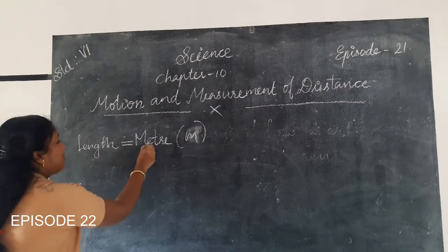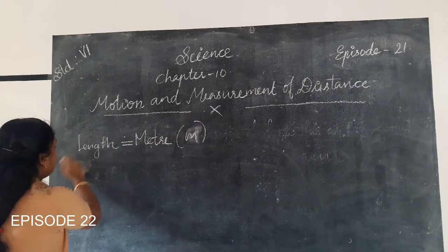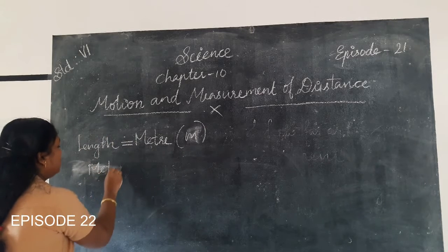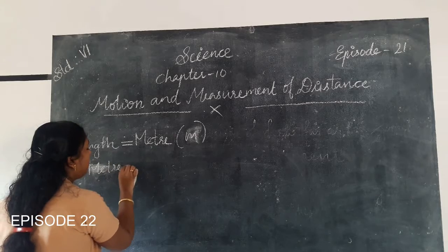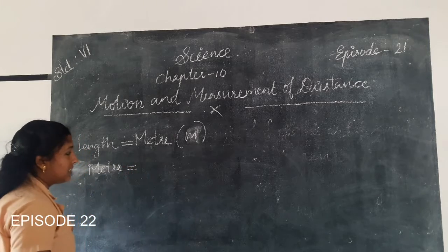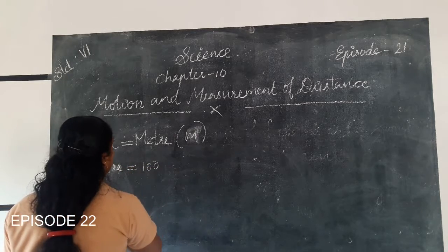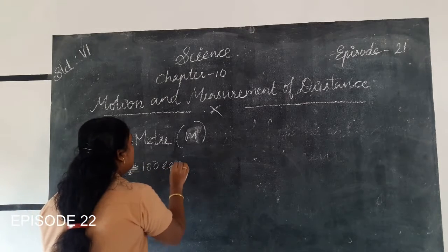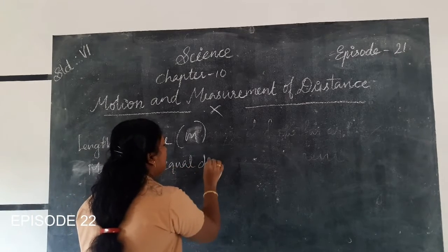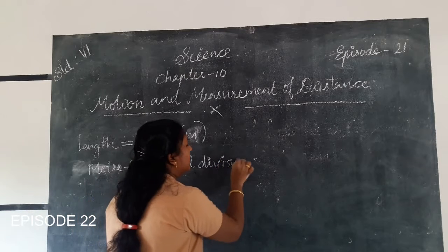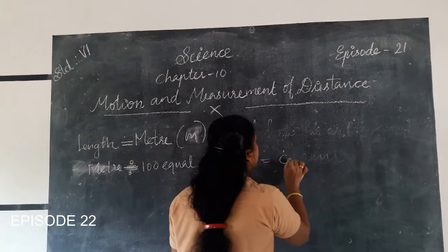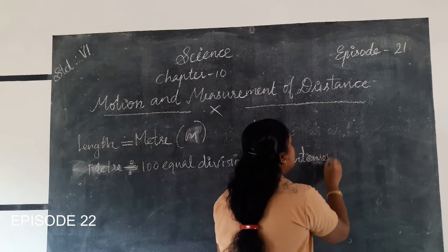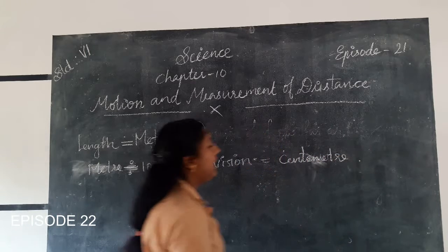Then each meter, that is 1 meter, is divided into 100 equal divisions, which is called a centimeter.